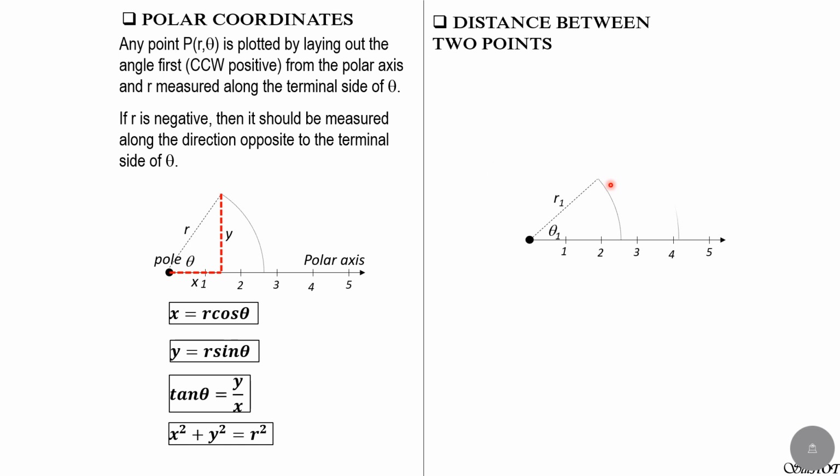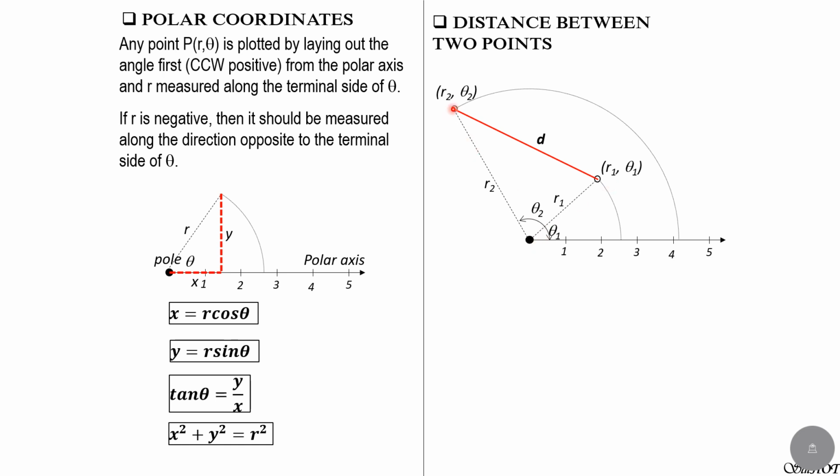So that's theta 1, angle first, then r1. Then the other point is r2, theta 2, but theta 2 is to be laid out first. Then that's r sub 2. Then the distance between the 2 points, as shown, is denoted by d.